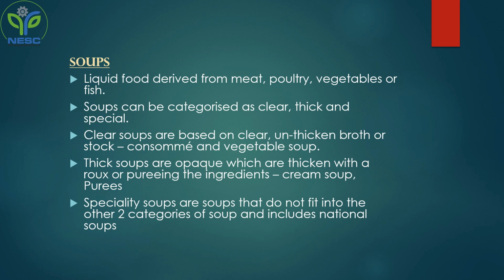So here you might be wondering what are these stocks again? So stocks are nothing but a liquid made by simmering various ingredients in water. Again, simmering means cooking the food in a very low flame, just below boiling point. Okay, some examples of clear soup are consomme and vegetable soup.